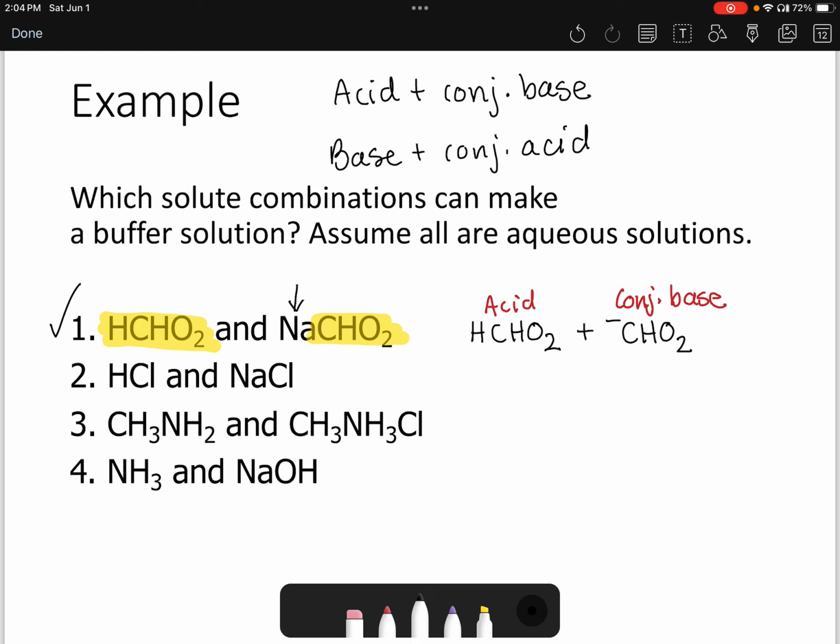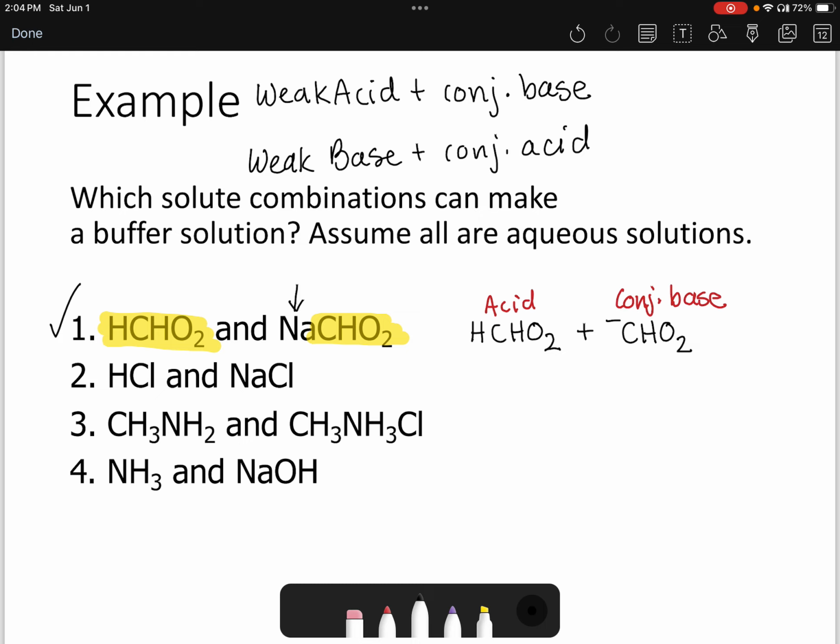Now, if we look at number 2, we have HCl and NaCl. So this still looks like an acid and its conjugate base, but remember, the acid has to be a weak acid. So let's actually write that up here. This has to be a weak acid and its conjugate base. And the opposite situation would be a weak base and its conjugate acid.